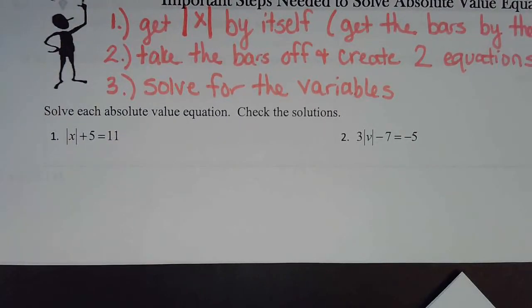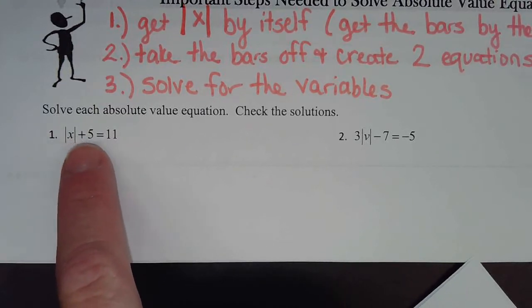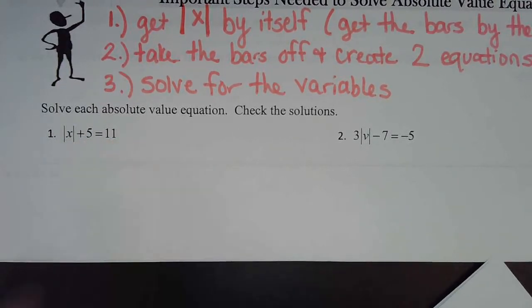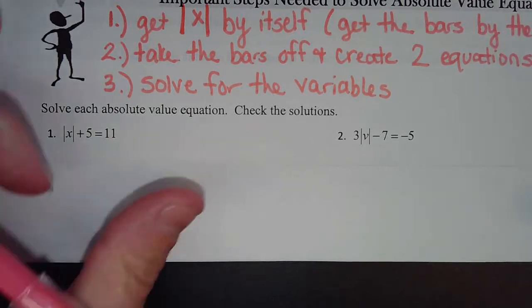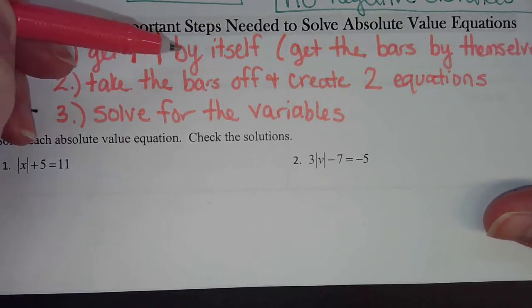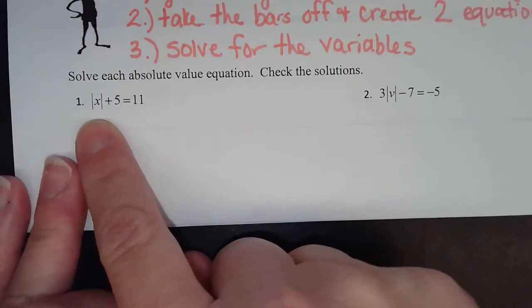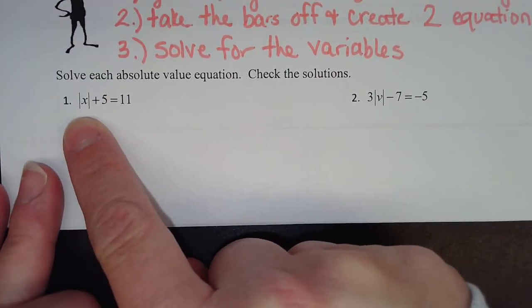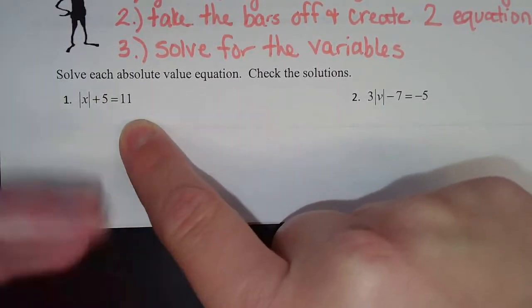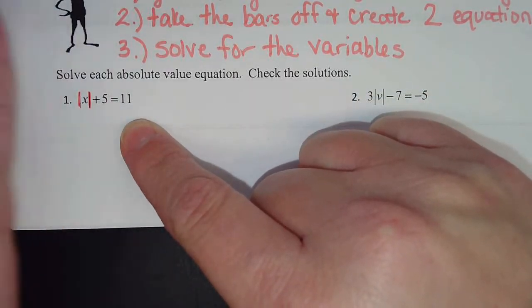So number 1, we have the absolute value of x plus 5 equals 11. So if we take a look at our steps, step 1 says to get the absolute value of x by itself. We need to get the bars by themselves. So for number 1, if we have the absolute value of x plus 5 equals 11, the bars are not by themselves on the left side of the equal sign.